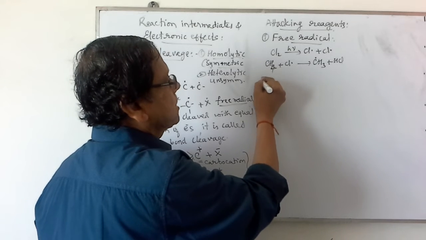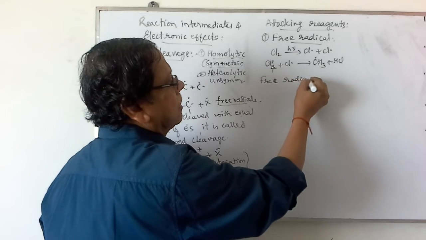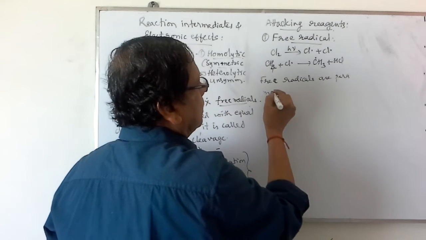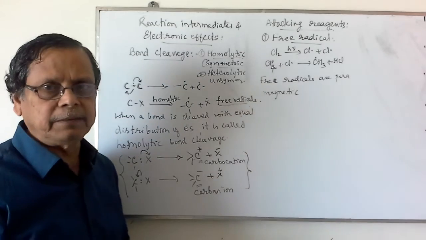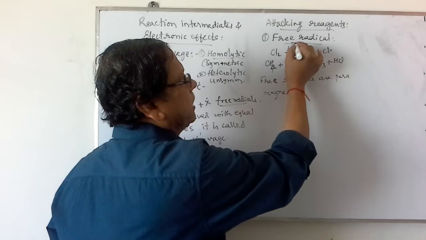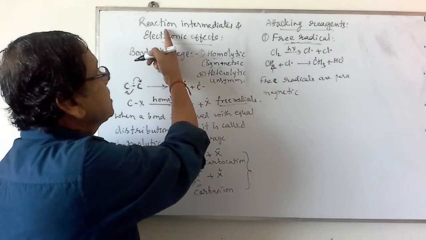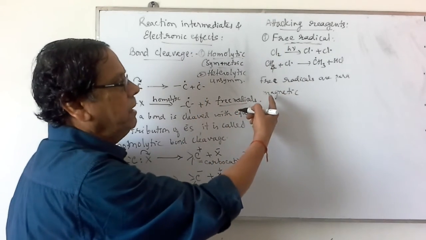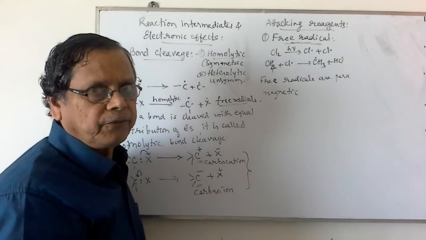These free radicals are paramagnetic. Because of the unpaired electron, they are attracted by the magnetic field. That's why they are named paramagnetic in nature. More about the details of these free radicals we will study when we consider the reaction intermediates. When any species carries the unpaired electron, it is called a free radical.